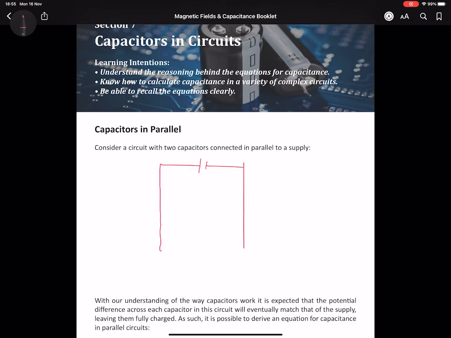So here we have a fairly simple parallel circuit. At the top we've got the basic cell. Then we have two parallel branches with capacitors on each.